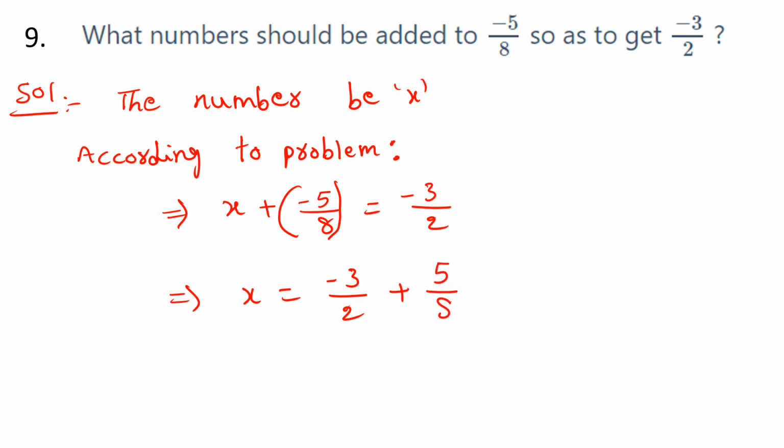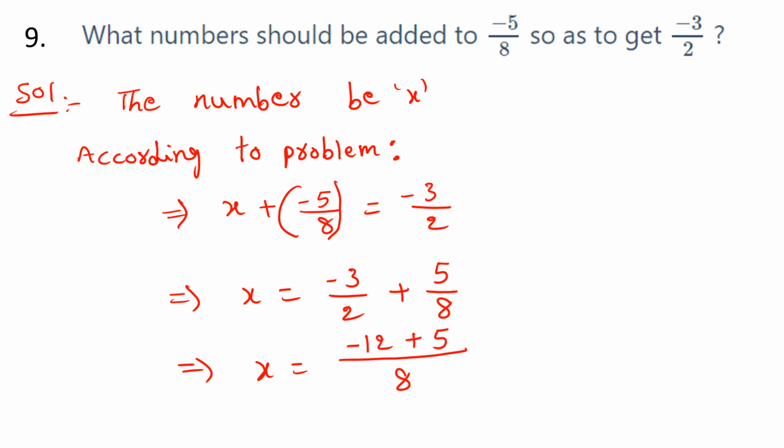Which implies x equals, what is the LCM of 2 and 8? That is 8 only, right? Because here the biggest number is a multiple of the smallest number, so the biggest number is the LCM. Now 2 fours are 8, that's why minus 3 fours are minus 12, plus 5.